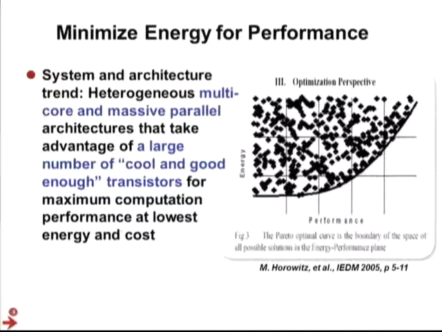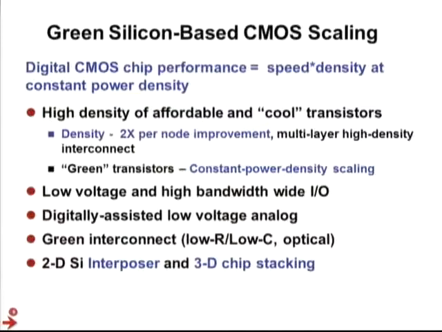Let's not waste any energy above this curve. And as we move forward, digital CMOS chip performance will be measured by speed times density at a fixed power budget.